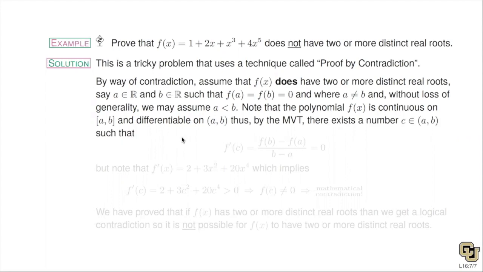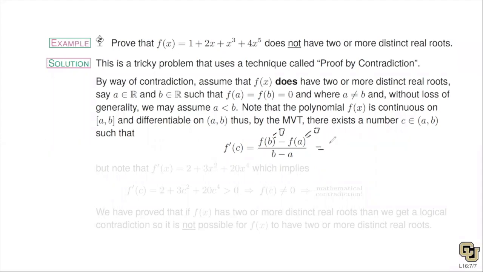So by the mean value theorem, there exists a number c in the interval such that f prime of c equals f of b minus f of a over b minus a. And actually, let's calculate this. You remember f of b, well, b is a root, so f of b equals 0. And f of a is also a root, so f of a equals 0.